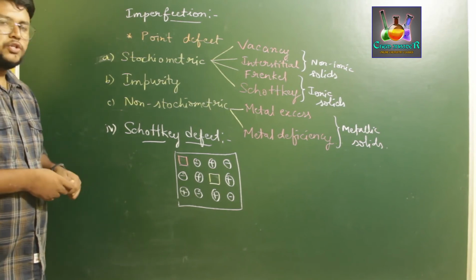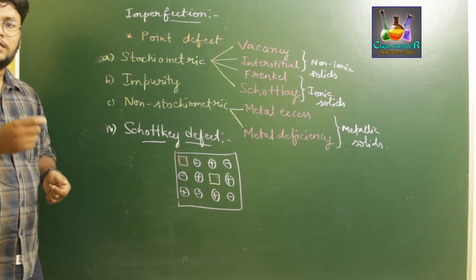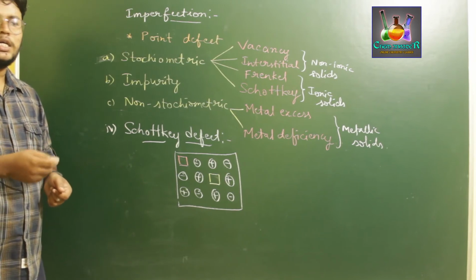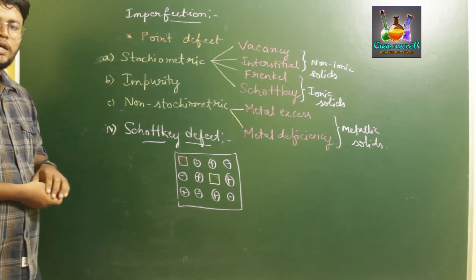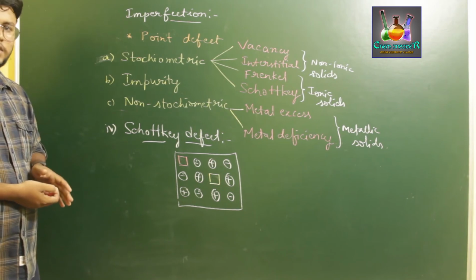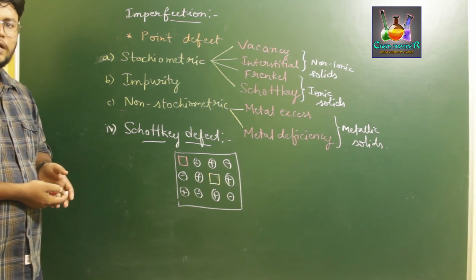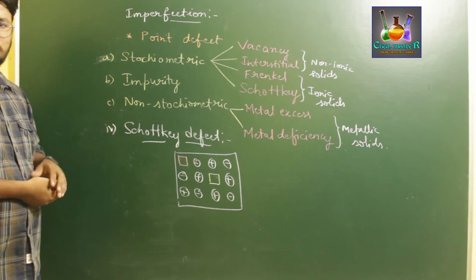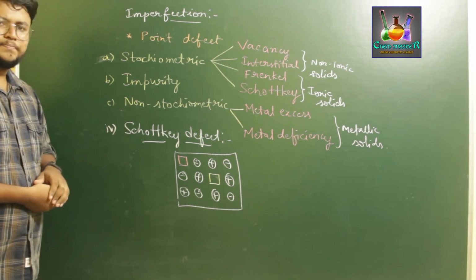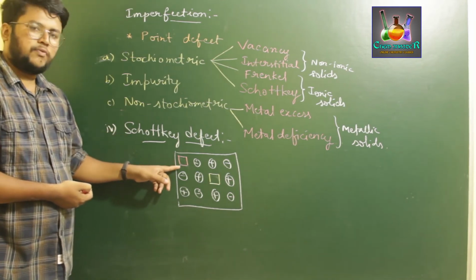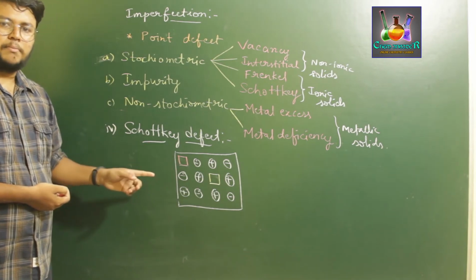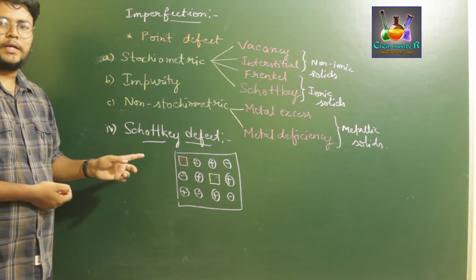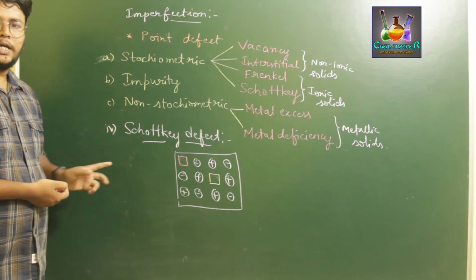Therefore we can say Schottky defect has a decreased density, whereas in the case of Frenkel defect we observe there is no change in density. There were equal numbers of cations and anions as we have stated earlier, but in the case of Schottky defect, even though the cations and anions are in equal numbers, they will not be the same as that of the parent structure.